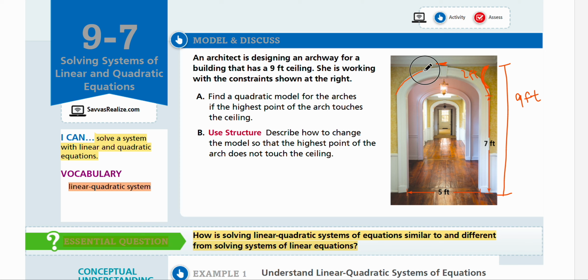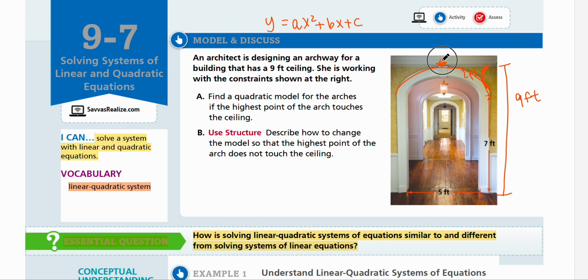So we have a quadratic model here, right? Then our A has to be negative in order for it to be looking downward. Opening downwards. So we have ax squared plus bx plus c is equal to y as a standard form of quadratic equation, right? A has to be negative in order to model this.